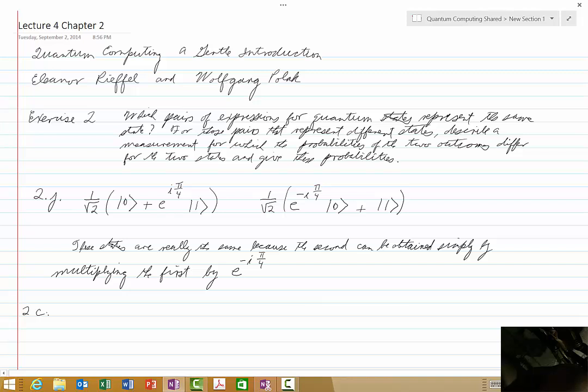Now in this case, the two states that we are challenged to investigate are the following: 1 over square root of 2 times the 0 ket plus the 1 ket, and 1 over square root of 2 times the negative of the 0 ket plus i times the 1 ket.